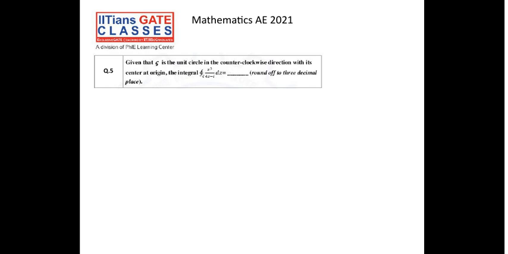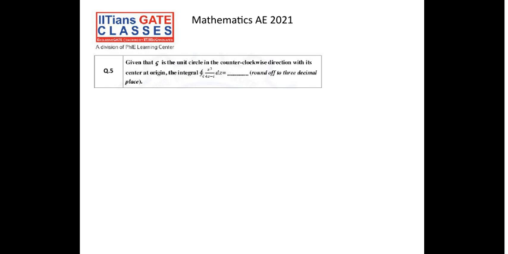Given that zeta is the unit circle in the counterclockwise direction with its center at origin, the integral of z cube by 4z minus I dz is equal to what? So we have this function f of z.